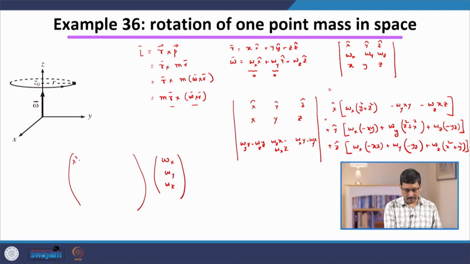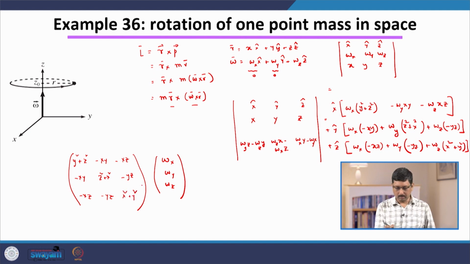Then we see that the first term should be, second term should be... now there is an m sitting over here, so the whole thing has to be multiplied by m.